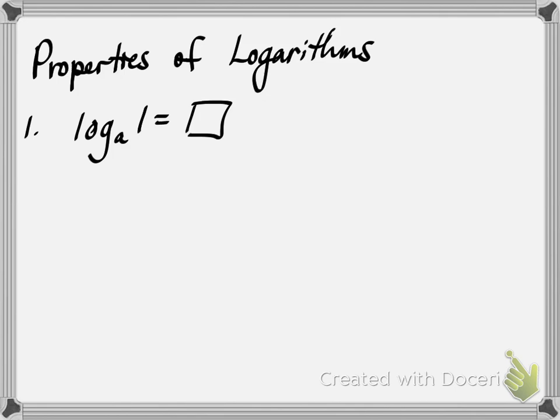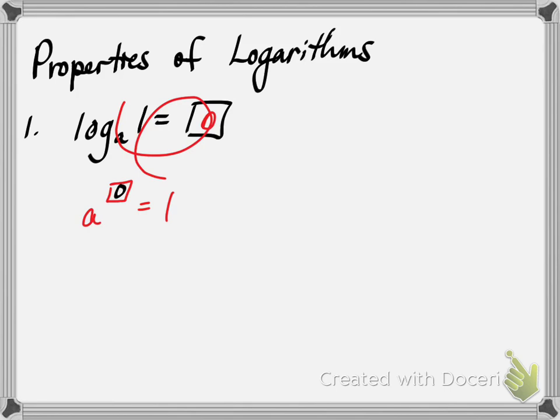Or think, a to what power would give you a 1? A to some power is 1. When we make the power be 0, a number to a 0 power is 1. So the blank is 0. A to the 0 power is 1.